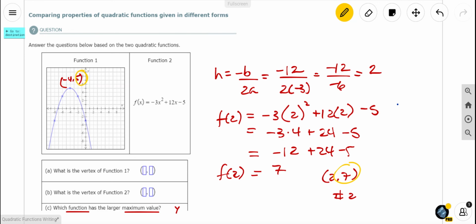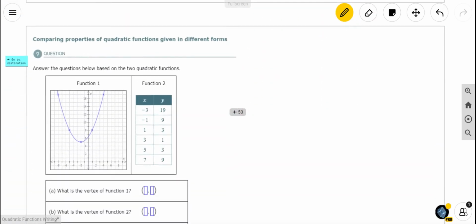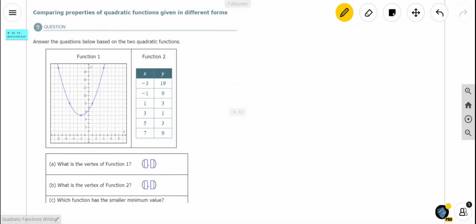Okay, next one. Same problem, except this time we're comparing a table instead of an equation. This is probably my least favorite, but you have to look at the table and ask, what's happening? When does it start repeating itself? Do you see how it goes 9, 3, 3, and then 1?